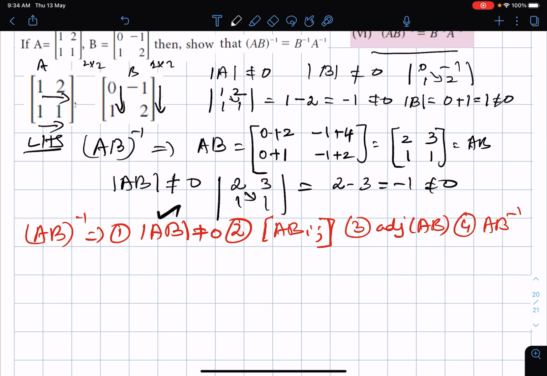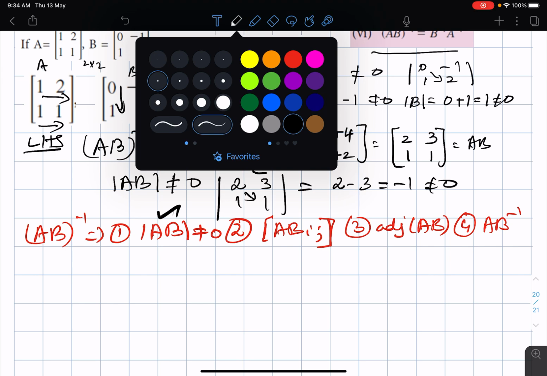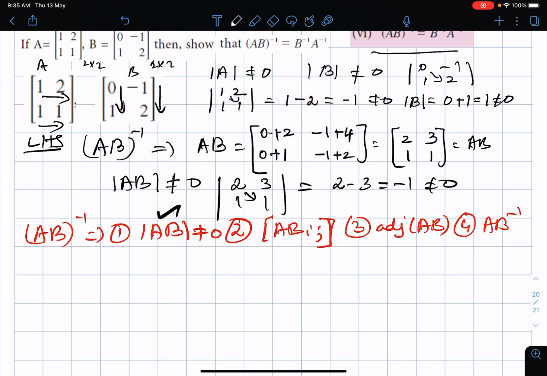Now we are going to go with the second step. Since this is a 2 cross 2 matrix, we are going to combine 2 plus 3. So when you combine, you can directly get adjoint AB.